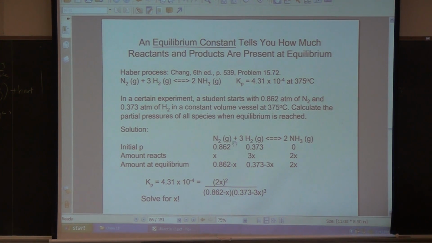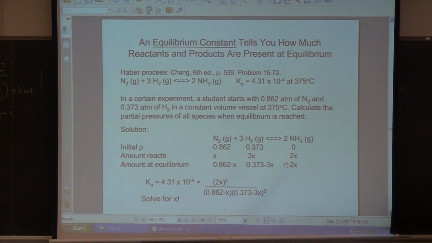Yeah, because we have that 1:3 ratio of N2 to H2. And note that 2X moles of NH3 are produced. Again, these first two lines are really the same thing as doing a stoichiometry calculation. The only thing we are doing is that for the amount that reacts, we're using X. So at equilibrium, we have 0.862 minus X for N2, 0.373 minus 3X for H2, and then 2X for NH3.